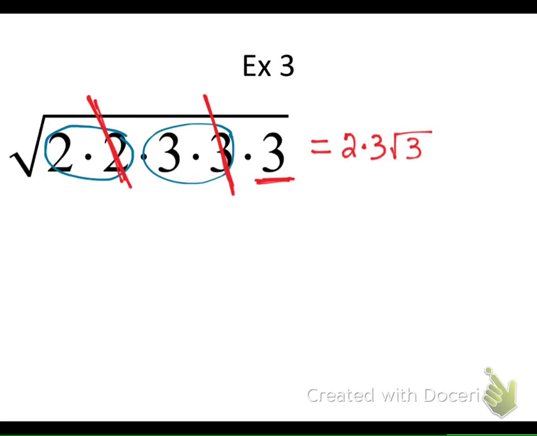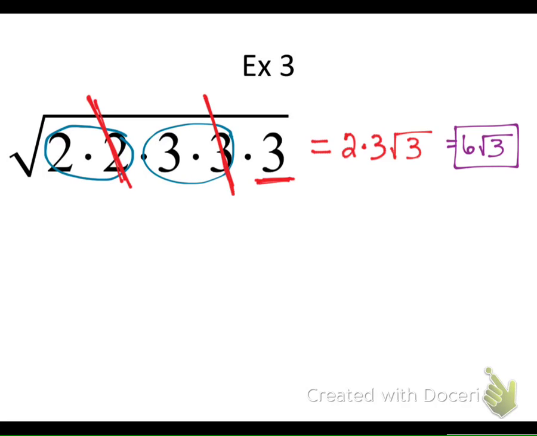Now, my answer is not in simplest form yet. I'm not done with this problem. When I say my answer is not in simplest form yet, what can I do to continue solving this problem? Which equals? Yep, so 2 times 3 is 6, and then square root 3, because there's nothing that we can do with that square root 3. So this is where we're talking about simplifying square roots.